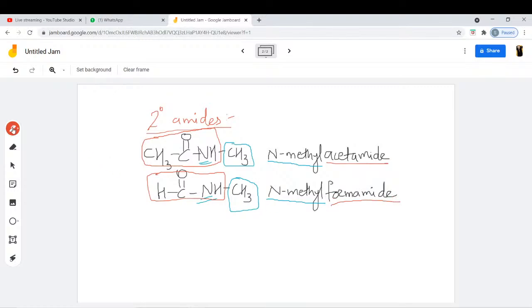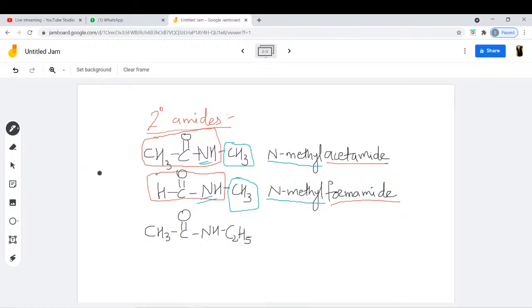Next, another example. You try to give its name. CH3 C double bond O, then NH, then C2H5. Try by yourself. I'm looking at the chat section. Tell me.